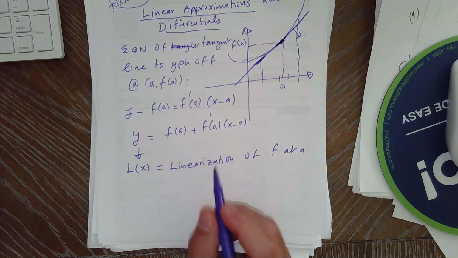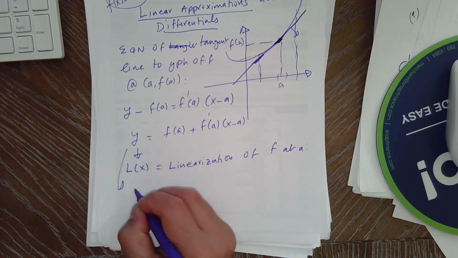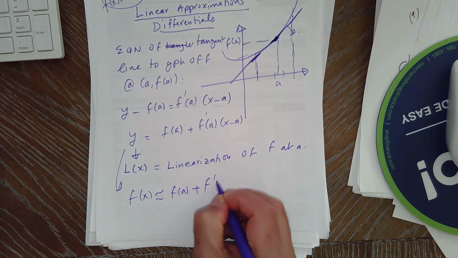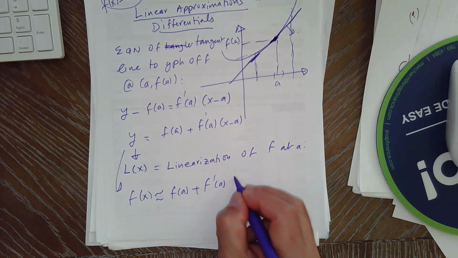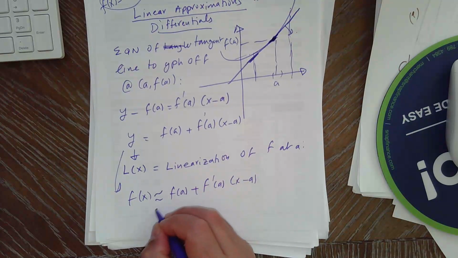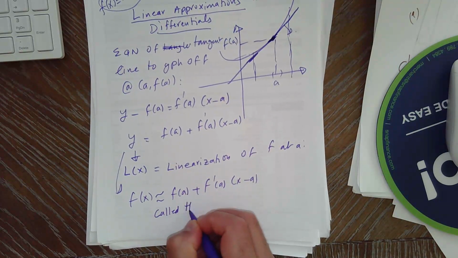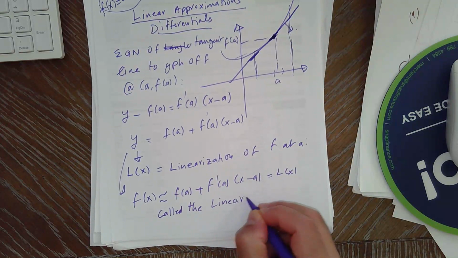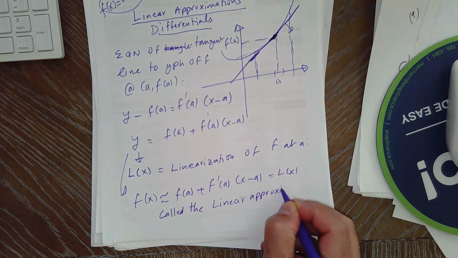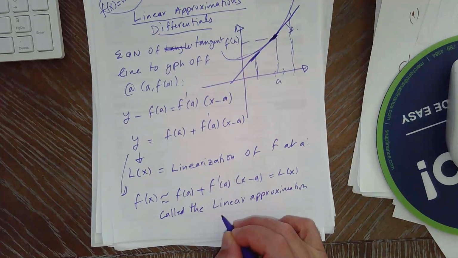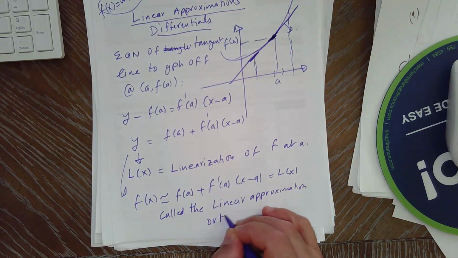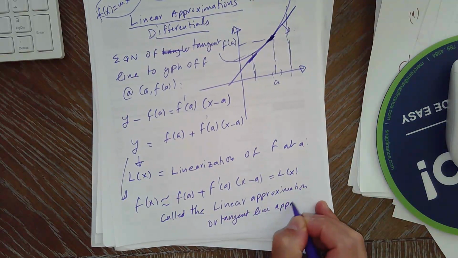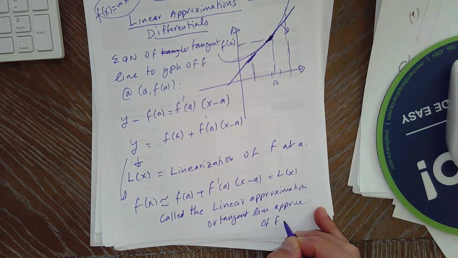So the approximation f of x is roughly f of a plus f prime of a times x minus a, which we denote by L of x. It's called the linear approximation or tangent line approximation of f at a.